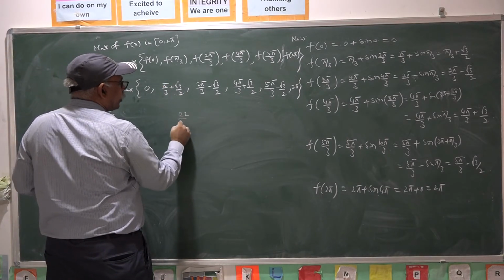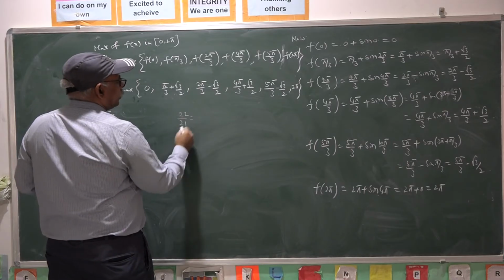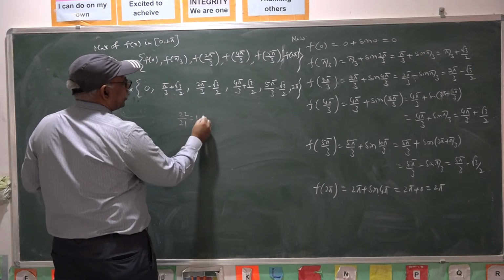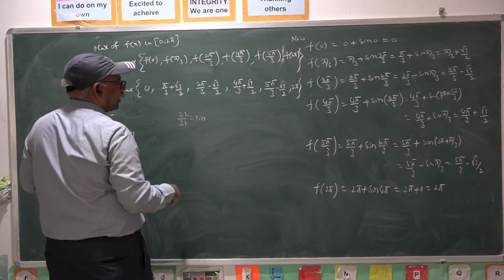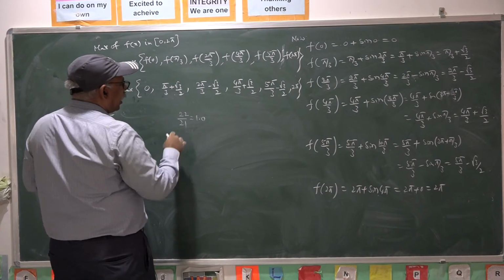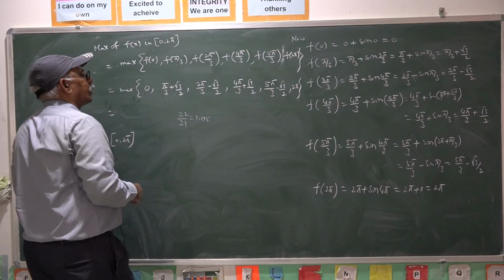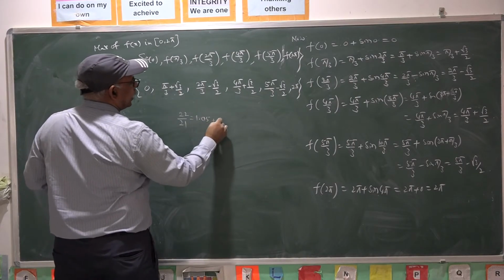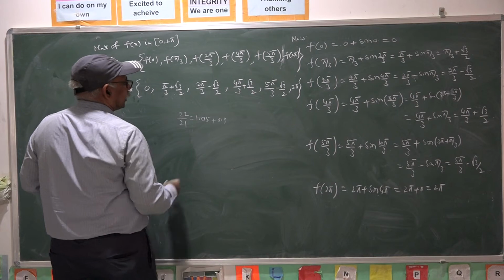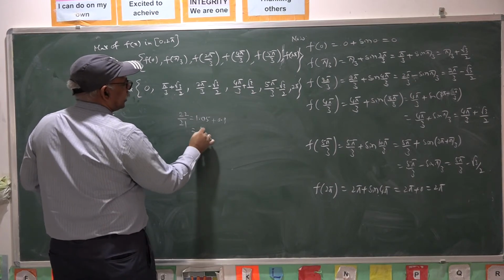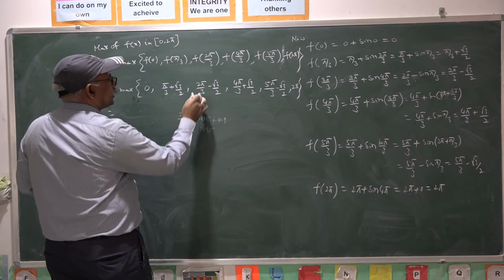This is 22 by 21, which is 1.0, and nearly 0.9. That is 1.95.